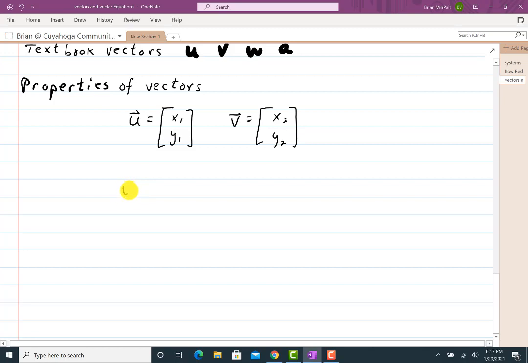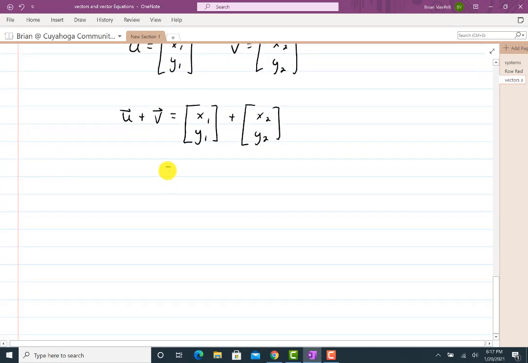Then when I add them together, we add them in the following way. This is actually equal to a single vector because we end up adding the x parts together and the y parts together.